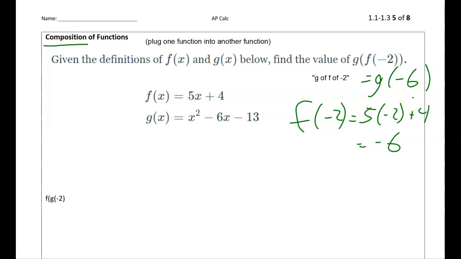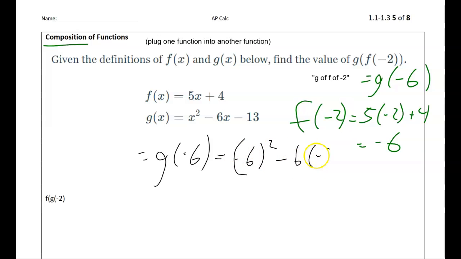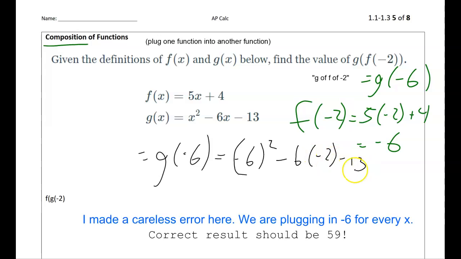So now to finish, I do g of negative 6, which means I'm plugging in negative 6 for all of this. So negative 6 squared minus 6 times negative 2 minus 13, which gives me 35 as my result. So that's my final answer.